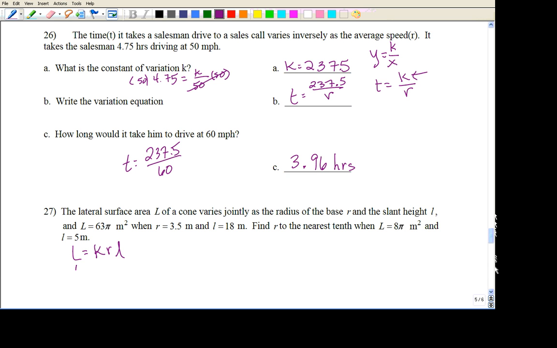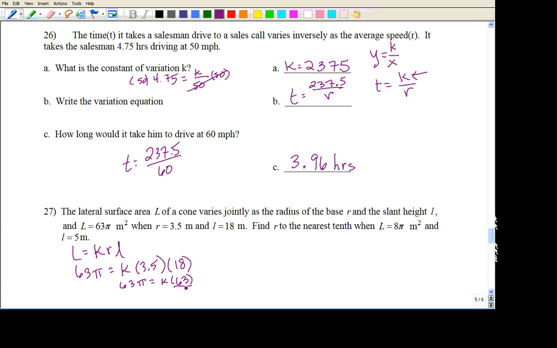So if L is 63 pi, we don't know what K is. We know that R is 3.5 and we know that l is 18. So if I just simplify that a little bit, I get 63 pi equals K times 63.